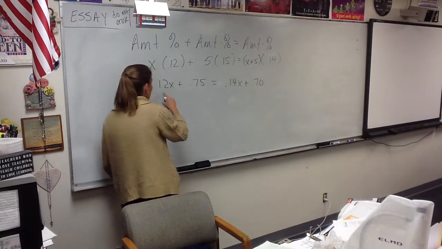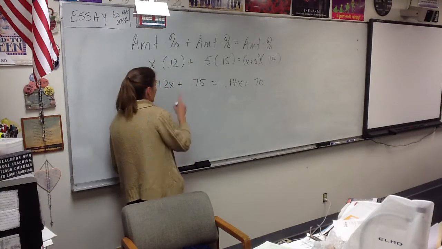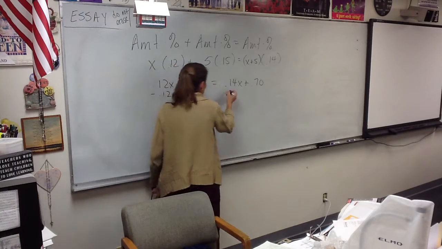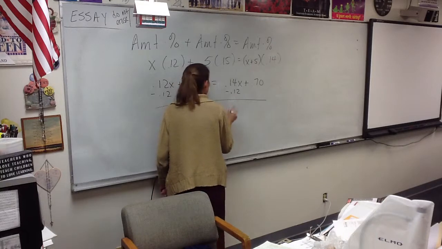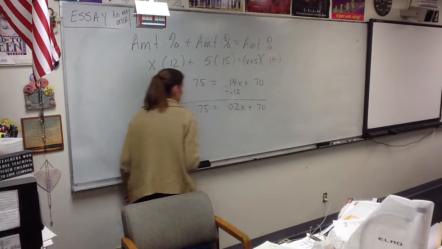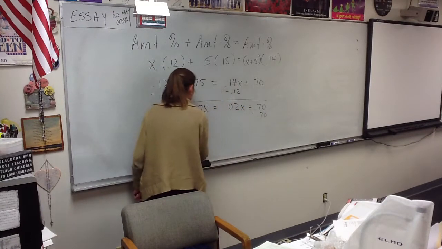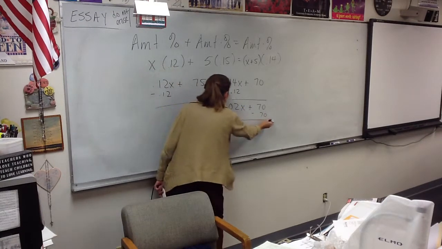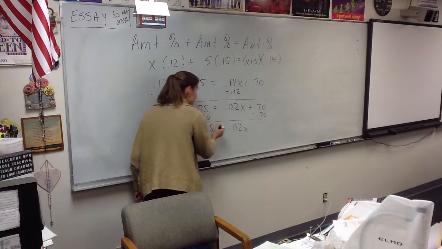Okay, so I'm going to subtract this over here, and I'm going to do this very carefully. 0.14 minus 0.12 is 0.02. Don't say 0.2, it's 0.02. Then when I subtract this 0.7, I have 0.02x equal to 0.05.